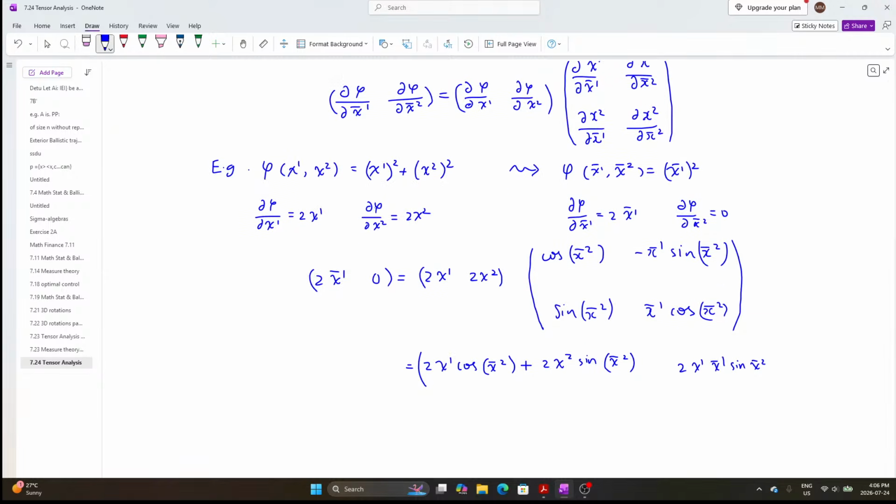So now let's multiply this matrix and verify. Oh, actually there should be a minus sign here. 2x1 x bar 1 sine of x bar 2 plus 2x2 x bar 1 cosine of x bar 2. All right, let's continue. Perhaps we can use the expression for cosine and sine.